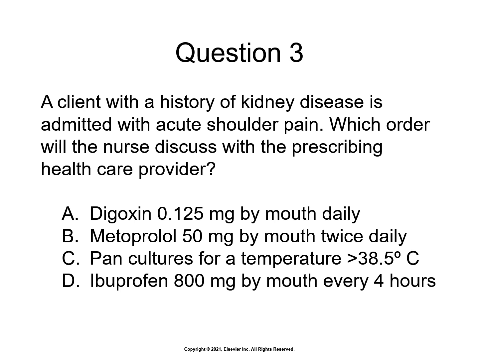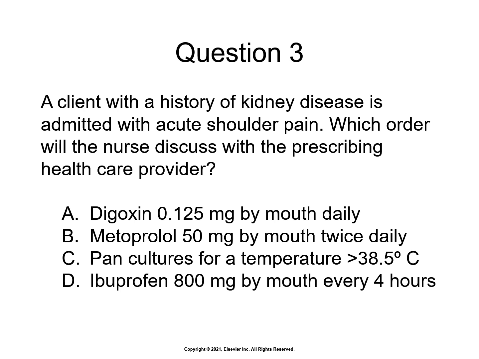Okay, they came in, they have a history of kidney disease, and they came in with acute shoulder pain. What do you usually give somebody for acute shoulder pain? What would the doctor probably order? But he has a history of kidney disease.